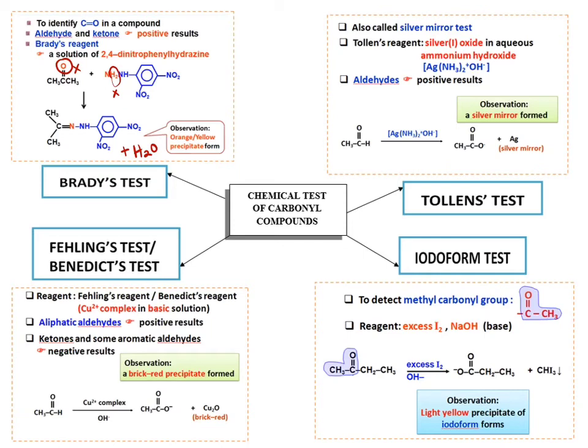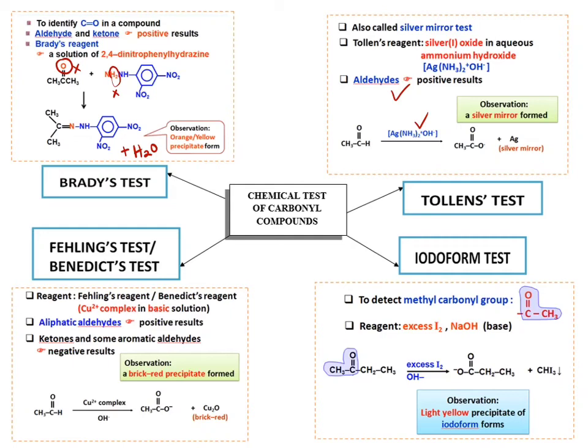Next we have the Tollens test. Tollens test can sometimes be called the silver mirror test. The reagent that we use here is silver oxide in aqueous ammonium hydroxide. This is how you write the reagent. Only aldehyde will give a positive result. So how do we write the equation?